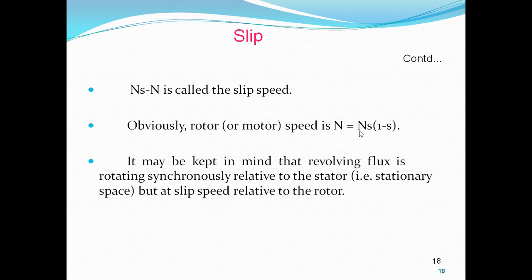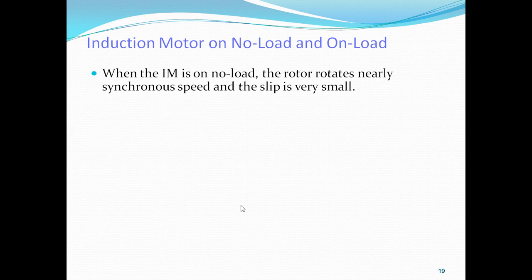So it may be kept in mind that the revolving flux is rotating synchronously relative to the stator, but at slip speed relative to the rotor. You have to remember that the revolving flux is rotating at synchronous speed with respect to the stator, but it is rotating at slip speed with respect to the rotor.